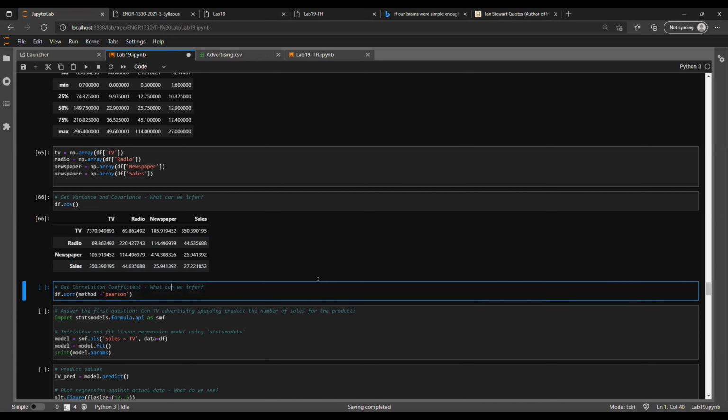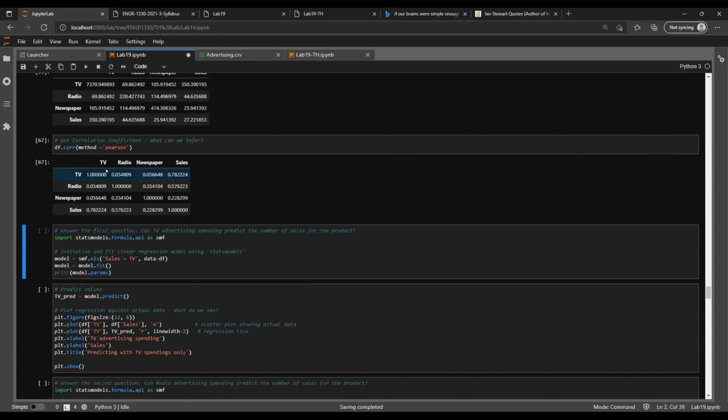Let's talk about the correlation coefficient using the Pearson method. Obviously, on the diagonal, everything is perfectly correlated with itself. Let's see. The TV advertisement budget has a 0.05 correlation with the radio advertisement budget.